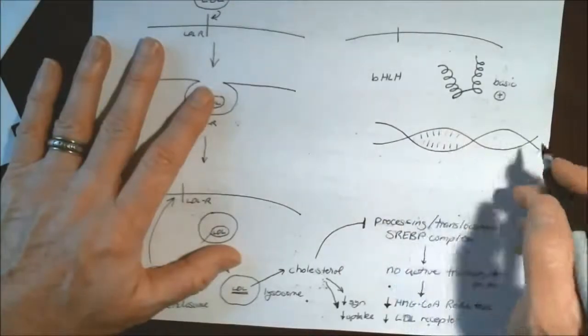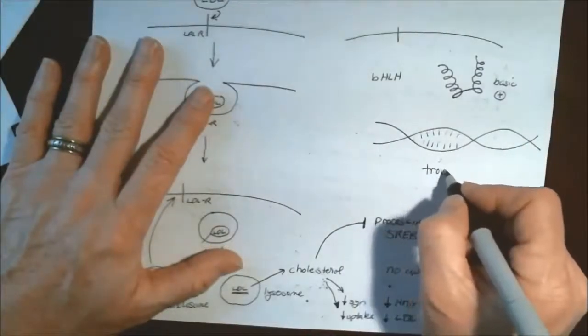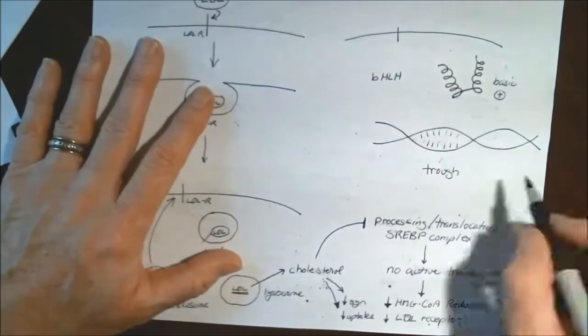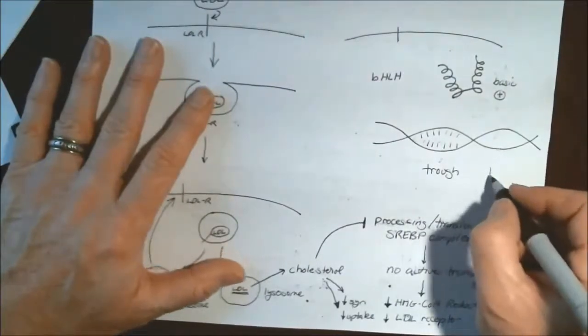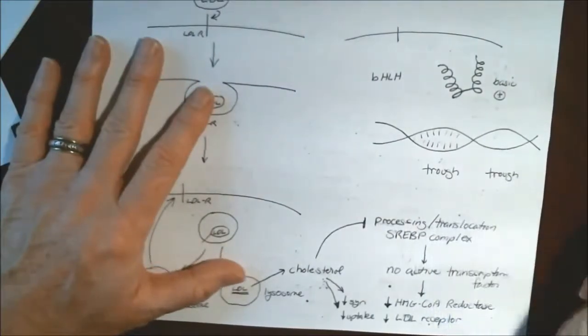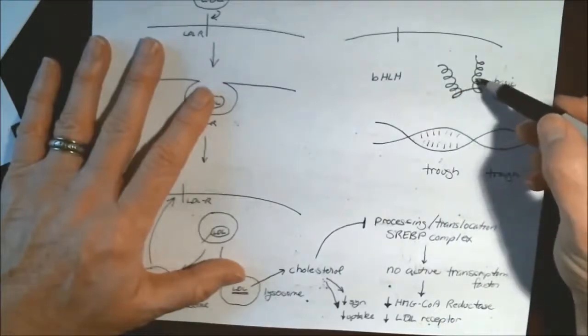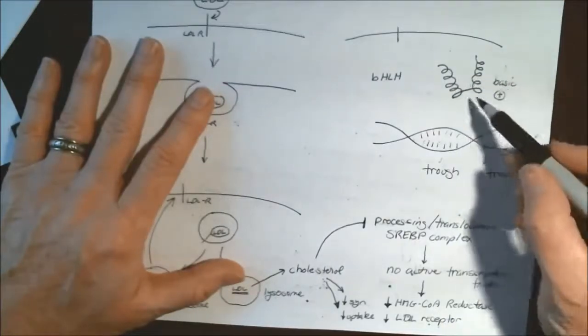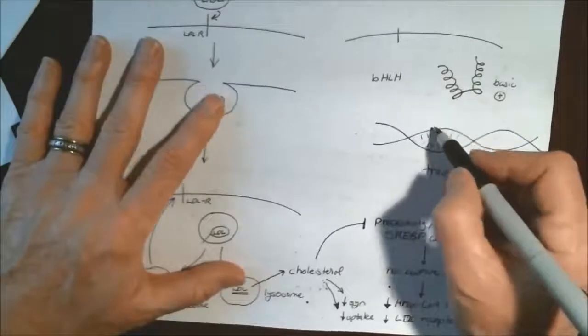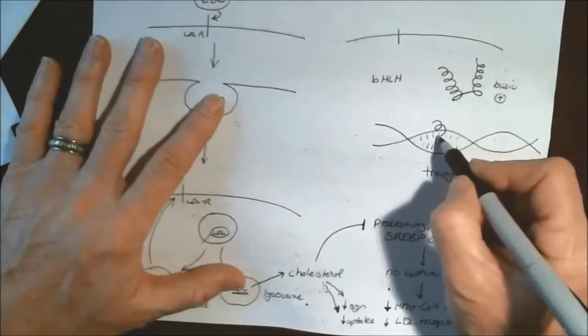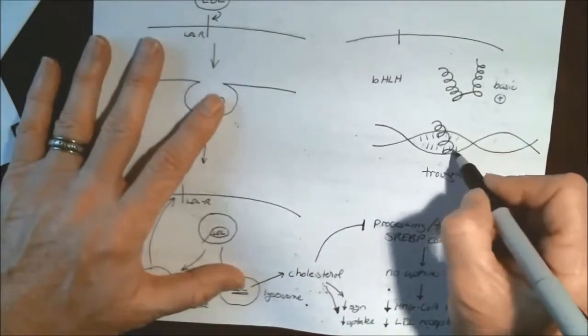This here forms essentially a trough. Adjacent to it is another trough. And these two alpha helices, separated by this loop, fit very nicely into this trough.